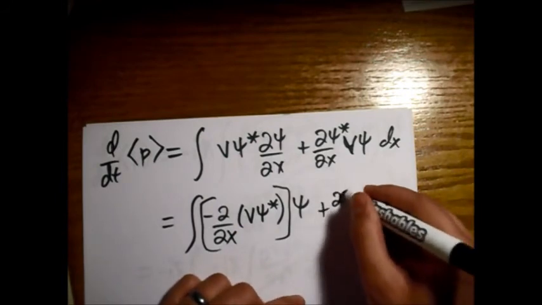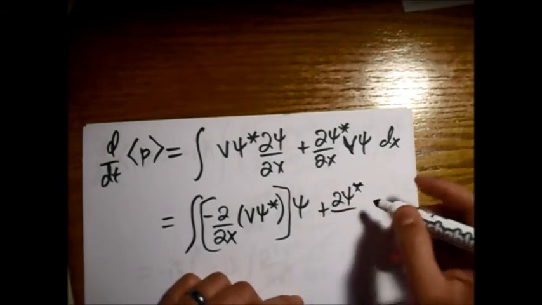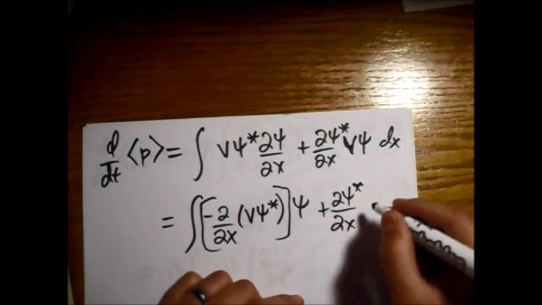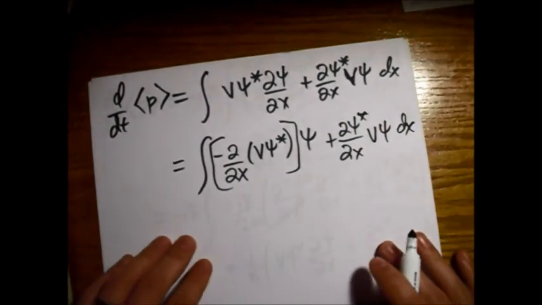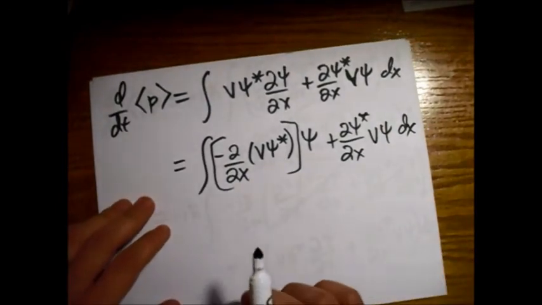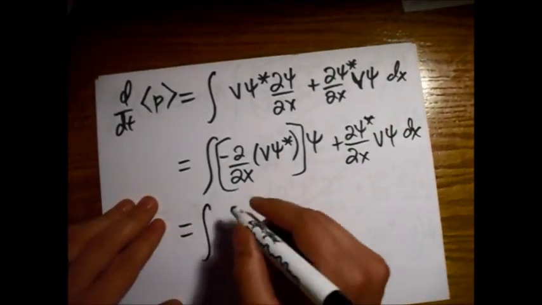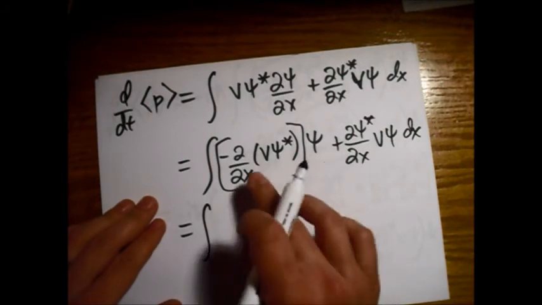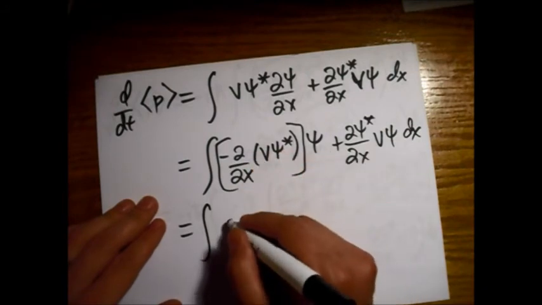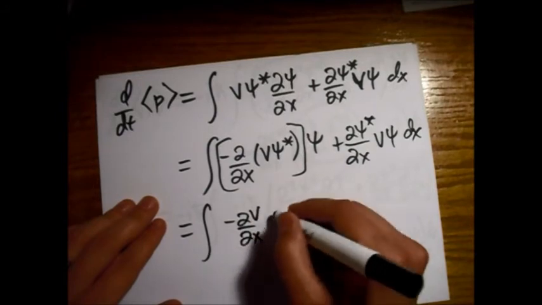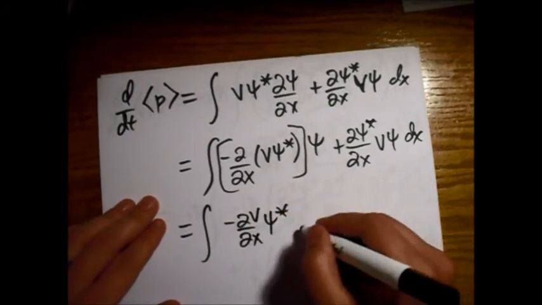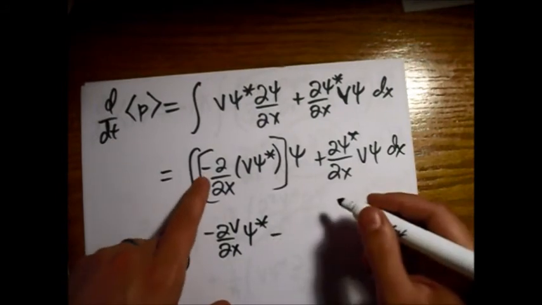All right. Okay, so now we need to use the product rule again on this. So we just have this, and then minus sign again.